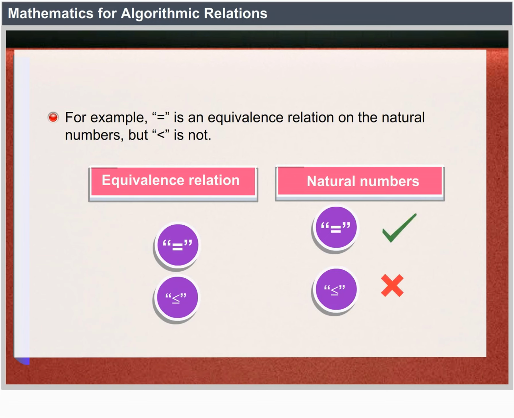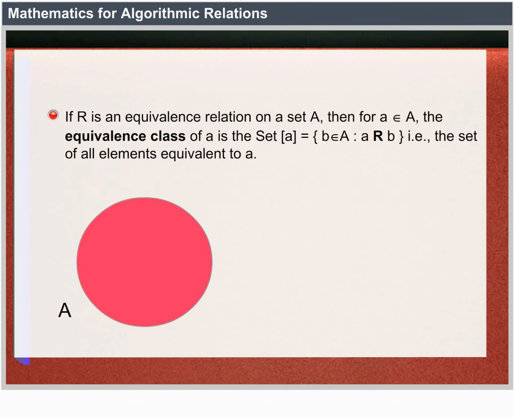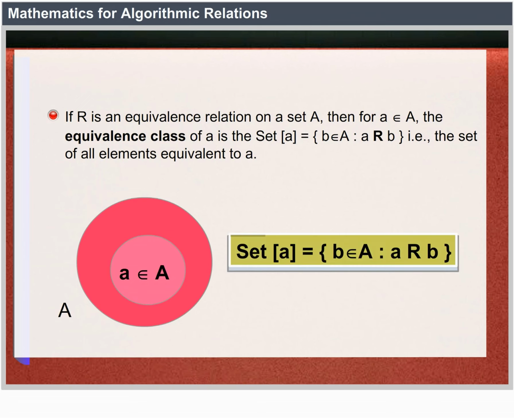If R is an equivalence relation on a set A, then for a belongs to set A, the equivalence class of a is the set {b belongs to set A such that aRb}, that is, the set of all elements equivalent to a.